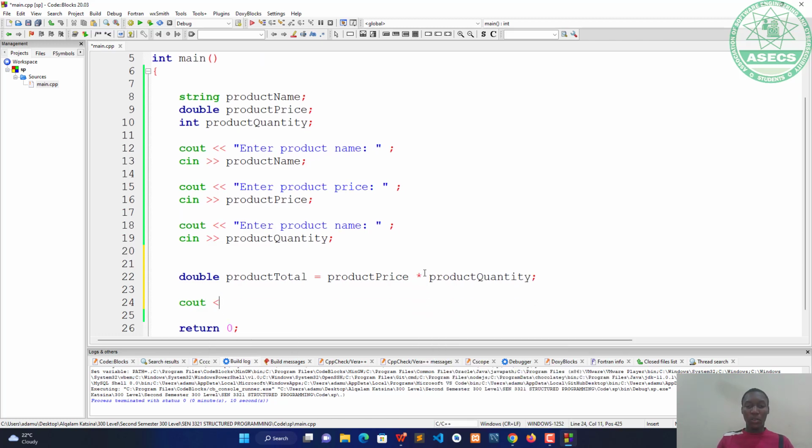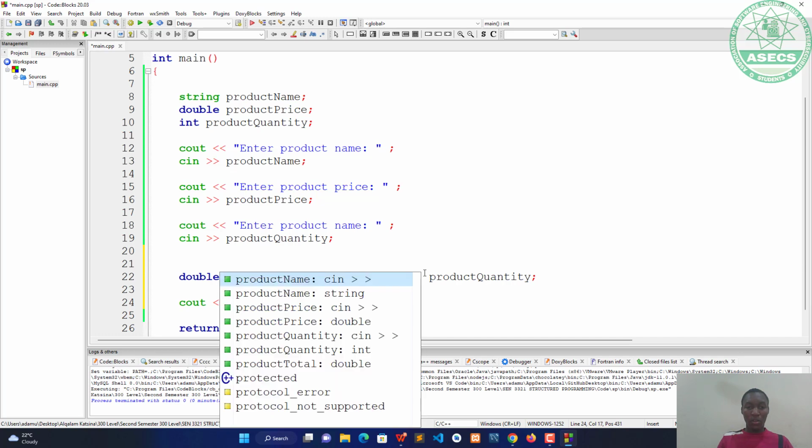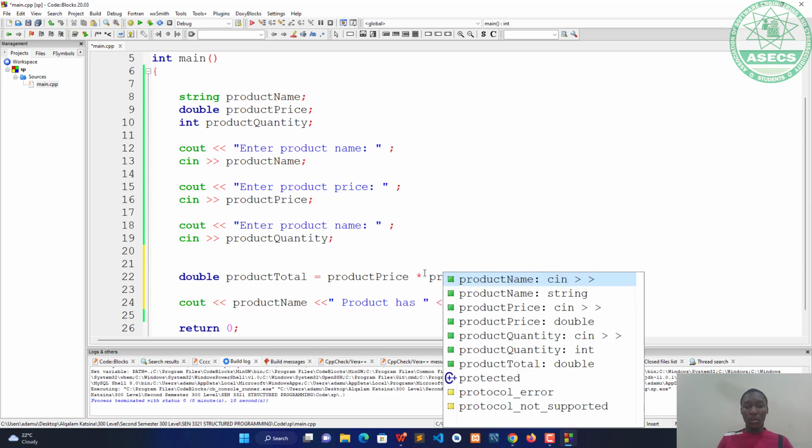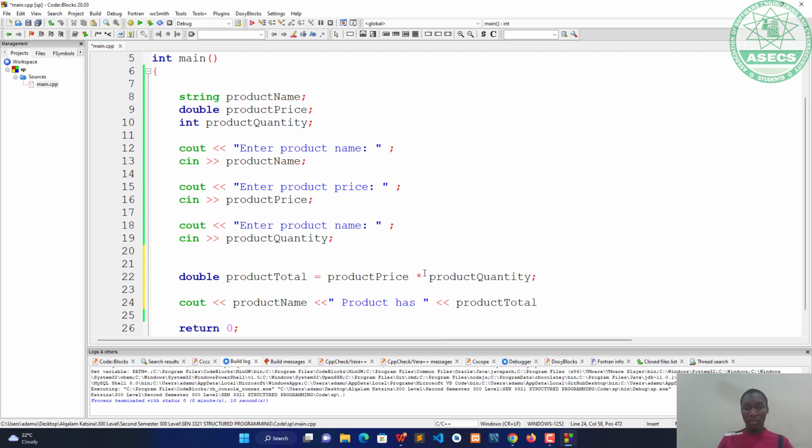And I can just cout. Let's start with the product name. Call the product name as, then I'll call the product total. Alright, now HP product has such and such. Let me add something else.